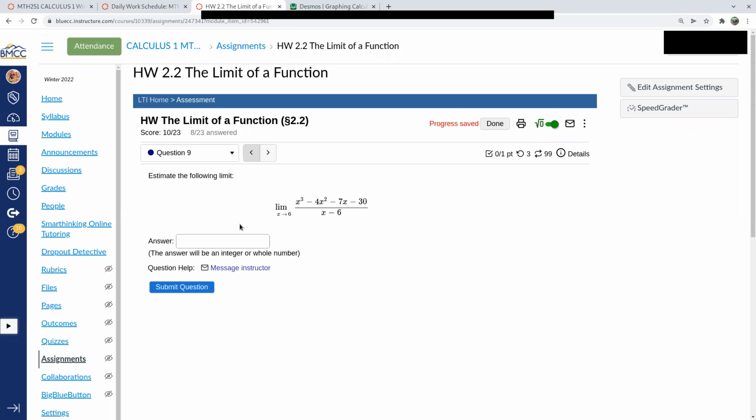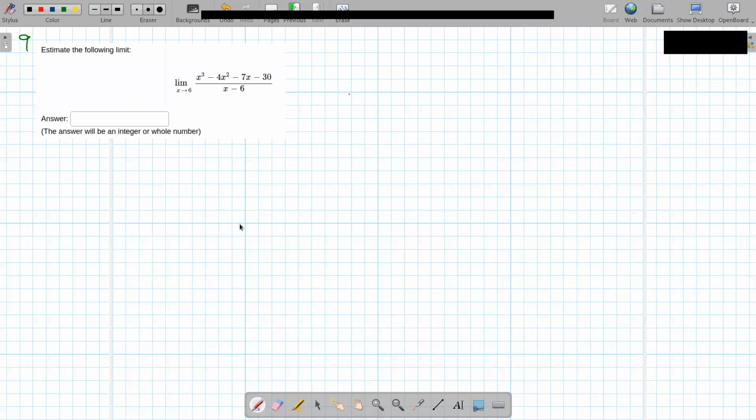Okay, so I can't get back to my calculator, so we're going to do this. Oh wait, I have another idea. What if I try this? No. Okay, so Zoom is malfunctioning on me.